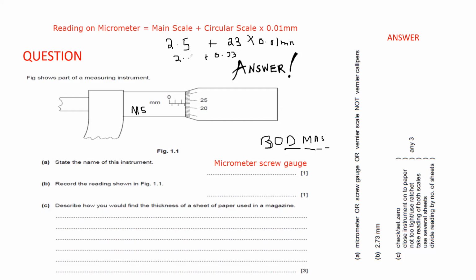And this is 2.5. So 2.5 plus 0.23. This is not multiplication, it's addition. 2.5 is added to 0.23. What is the final answer?